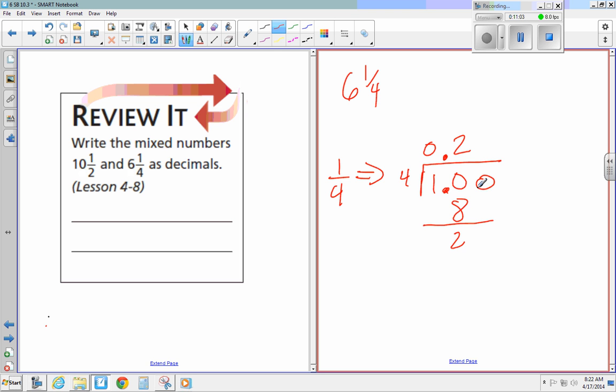Subtract to get 2. Annex another 0. 5. 0. 0.25. So you would say that this is equivalent to 6 and 0.25, or 6.25. Please make sure you put this work in here.